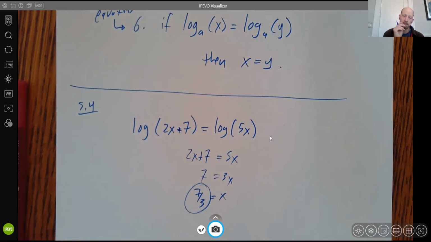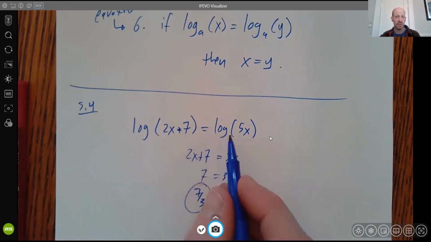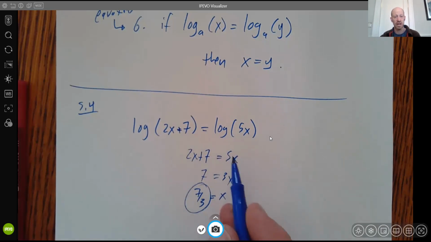Does that work? Yeah. So this is one strategy for solving a logarithmic equation, and that's what's in 5.4, our logarithmic and exponential equations. If you can get the logarithms equal to each other, then you can get rid of the logarithms and solve what's left.